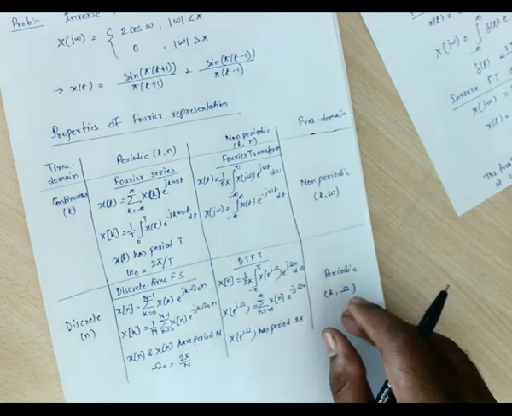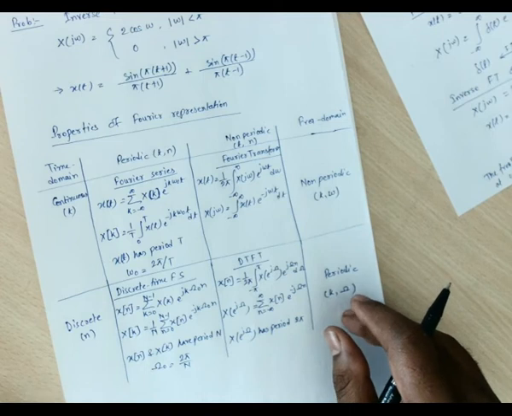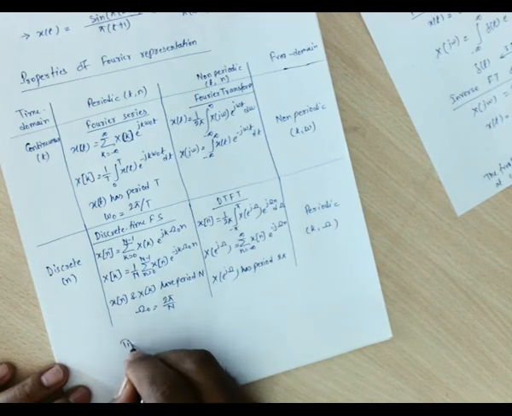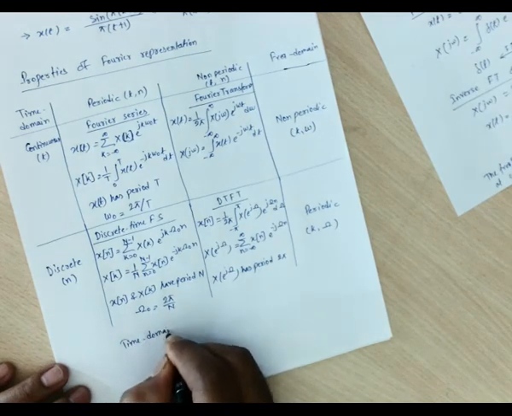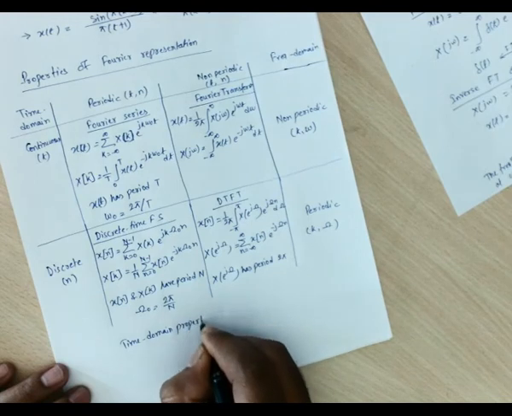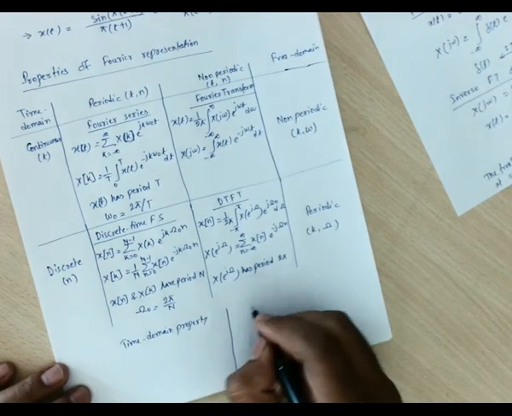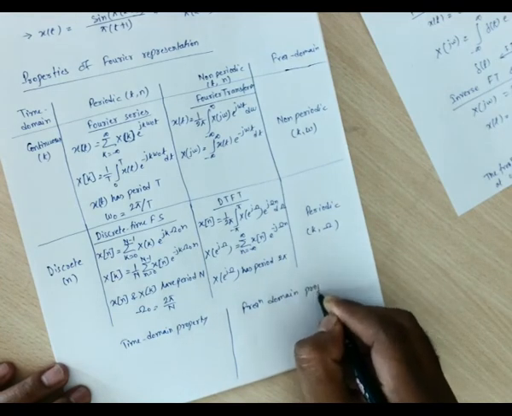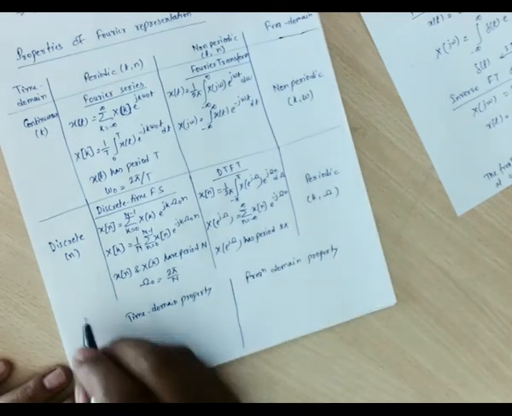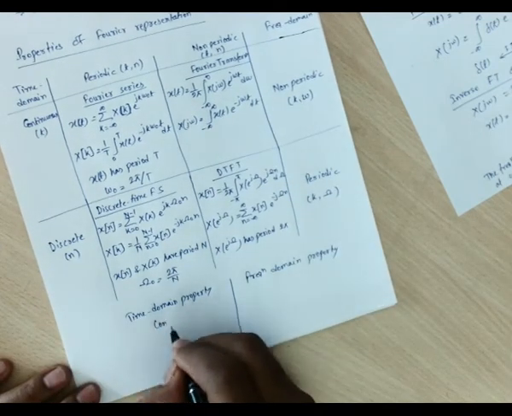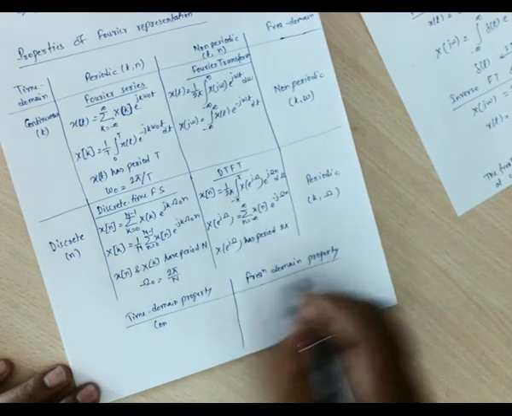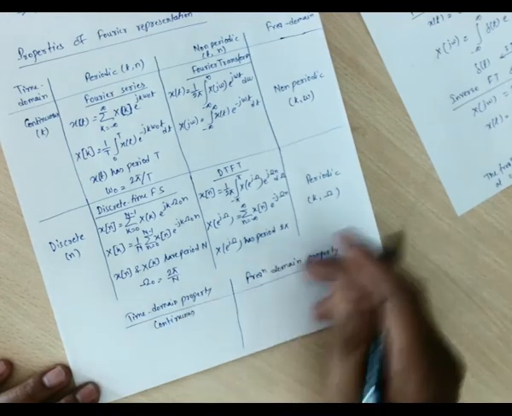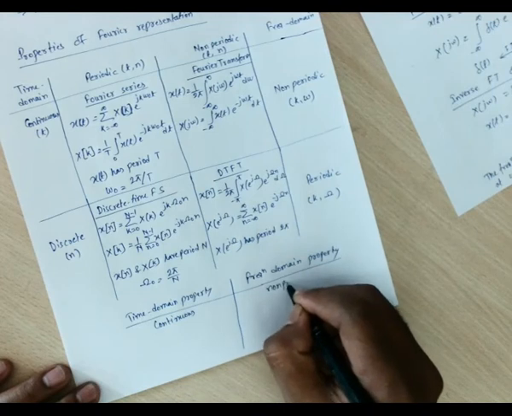So depending upon the periodicity property of this Fourier transform, if we have been writing like this, time domain property and frequency domain property, a signal in time domain which is continuous will be non-periodic in frequency domain.